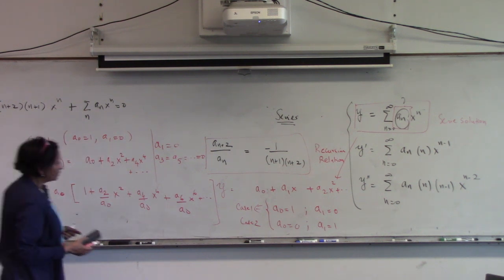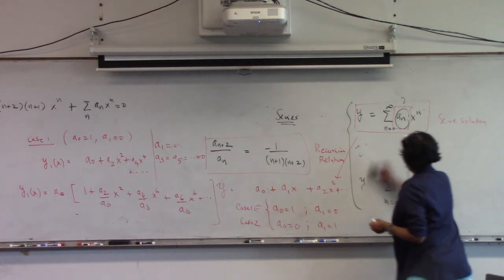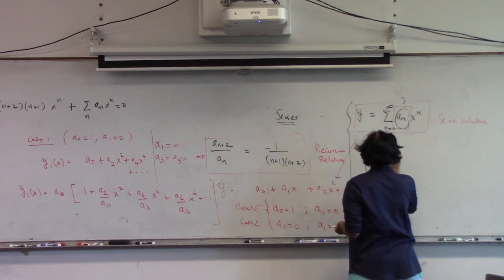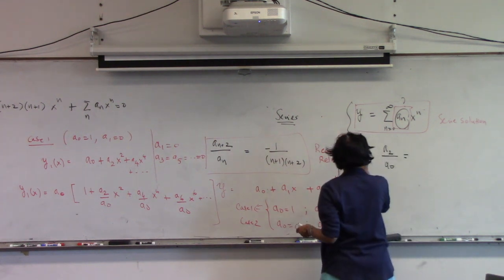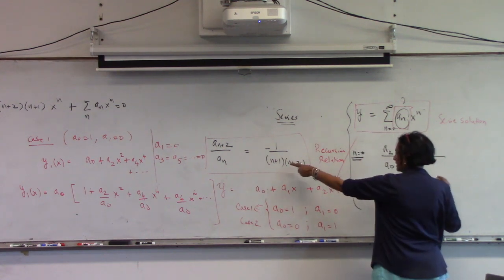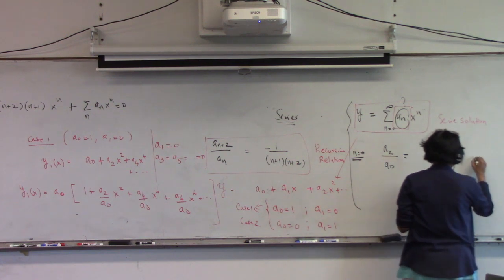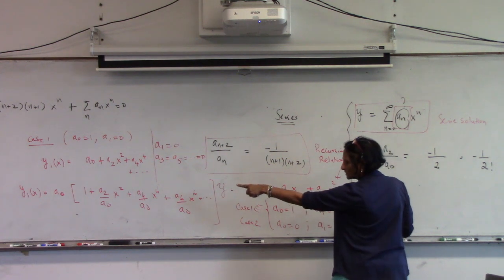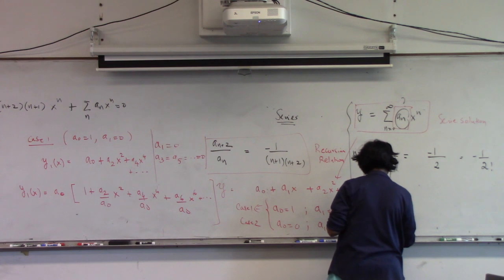Now, what is a2 over a0? We use the recursion relationship to get that. A2 over a0, I'm just putting n equal to 0, to get negative 1 over 1 times 2, which I can write as negative 1 over 2 factorial if I wanted. I need to get the next coefficient, a4 over a2, but the recursion relationship gives me only a4 over a2.